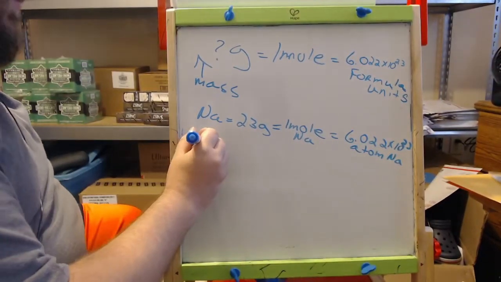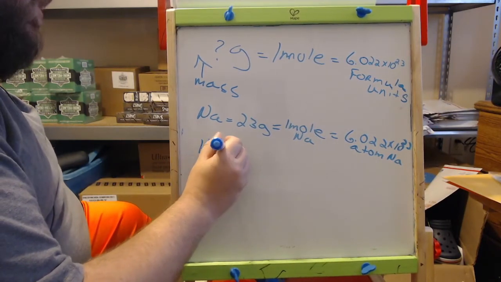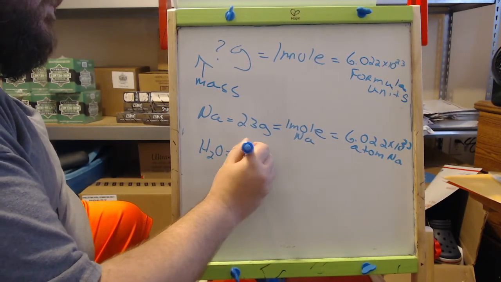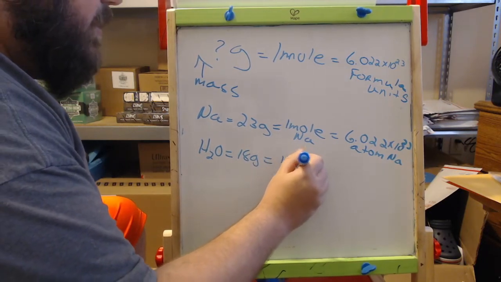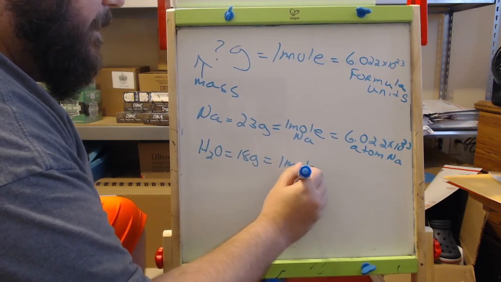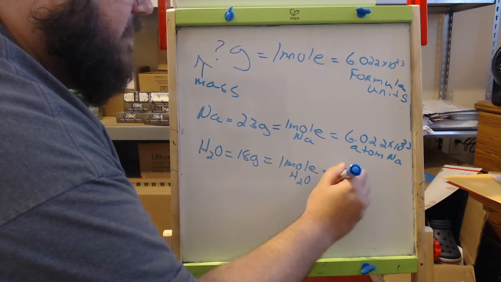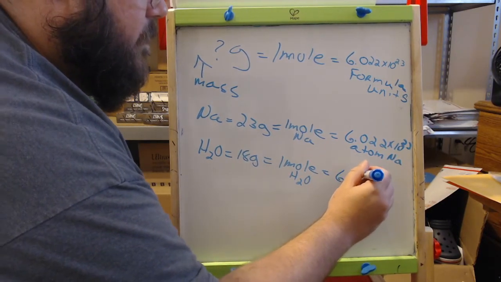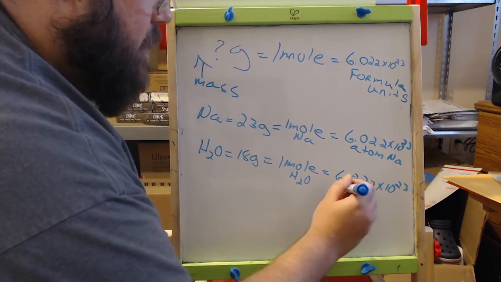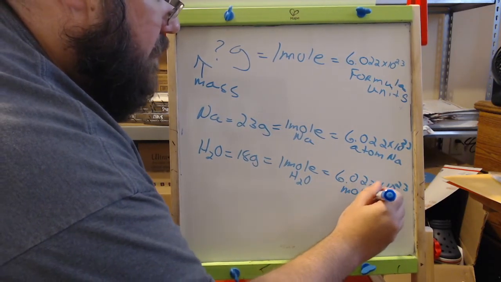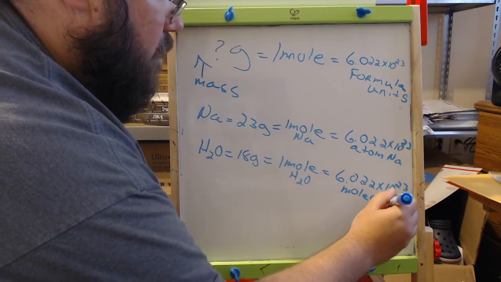We looked at water, right? I said water is 18 grams. 18 grams of water is 1 mole of water, which is equivalent to 6.022 times 10 to the 23rd molecules of water.